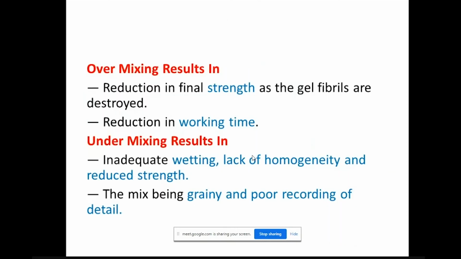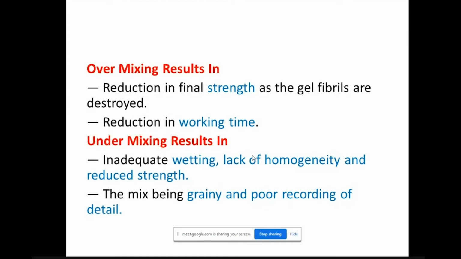If you overmix alginate, the reaction will change. First of all, the strength will decrease. If you overmix it, the working time will also decrease. You have another term: if you undermix it, what will happen?